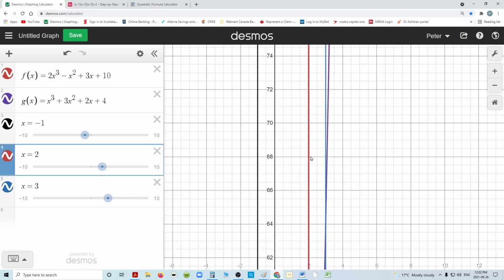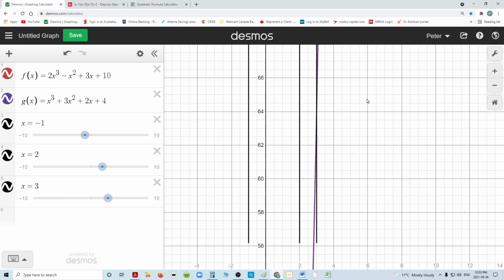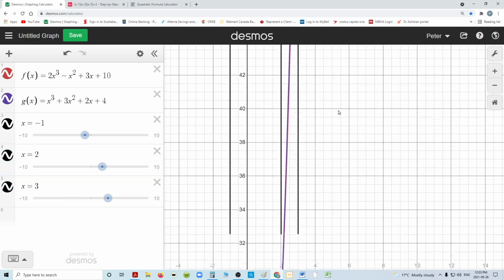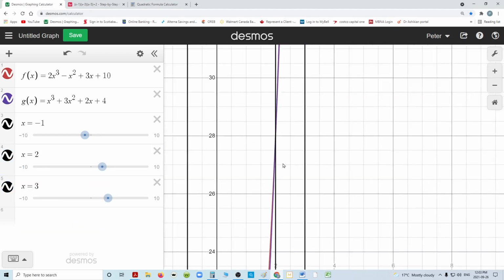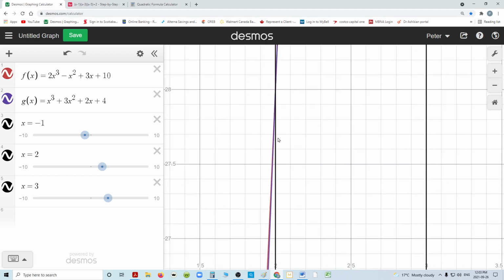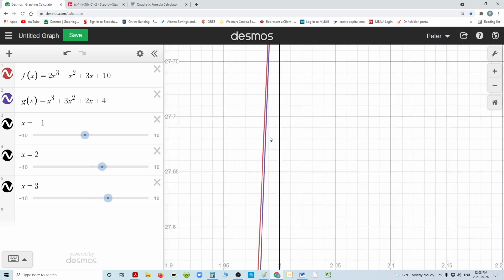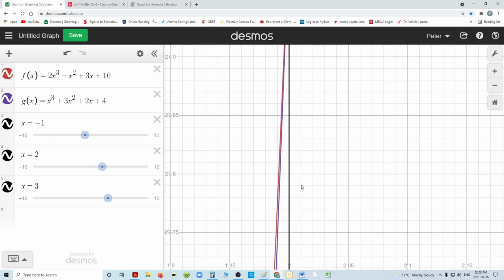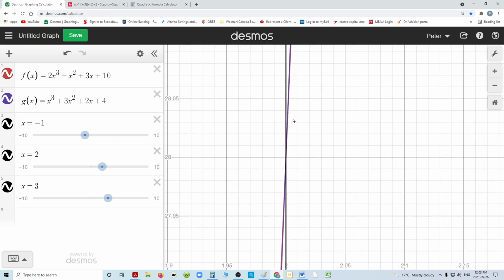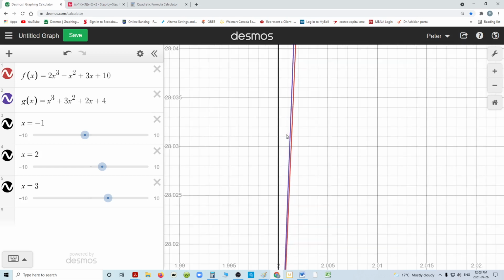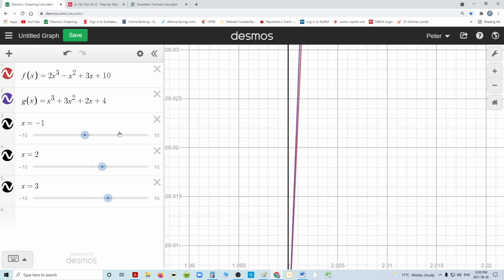And then at this red line, and I should actually not make it red, I should keep all these black. There we go. You can see at this other one, right there, if you zoom in, that's when the purple line started going above the red line for just a little while. See, the purple line is above the red line.